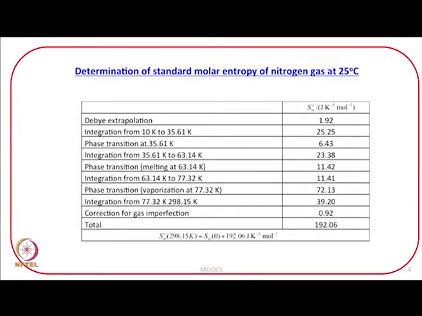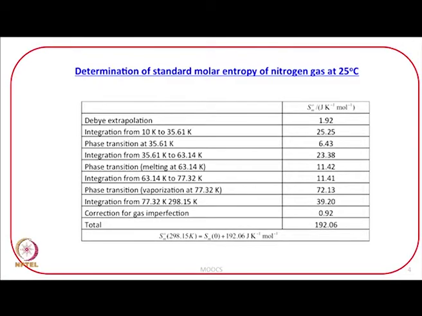Let us take a look at this table. I just described that we need to measure the value of heat capacity from 0 Kelvin and keep on measuring up to the temperature of interest, and according to the previous equation for nitrogen, the Debye extrapolation contribution is 1.92 joules per Kelvin per mole.